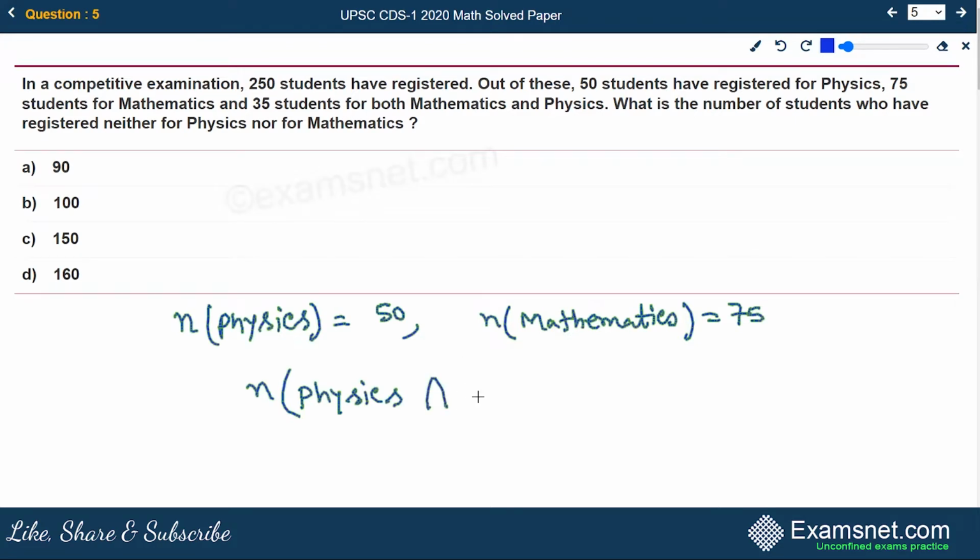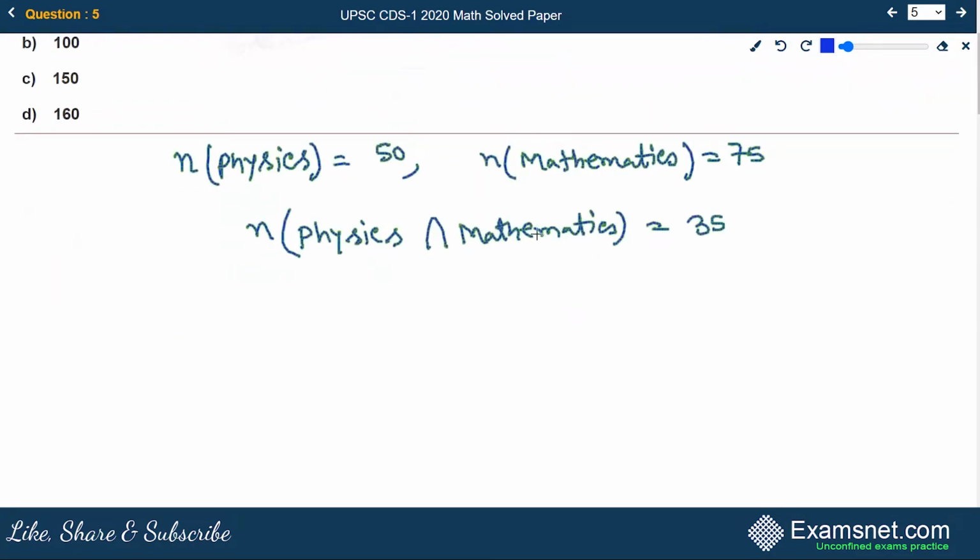This is the common part, so I will put an intersection sign. Now the Venn diagram concept says that n of A union B equals n of A plus n of B minus n of A intersection B.